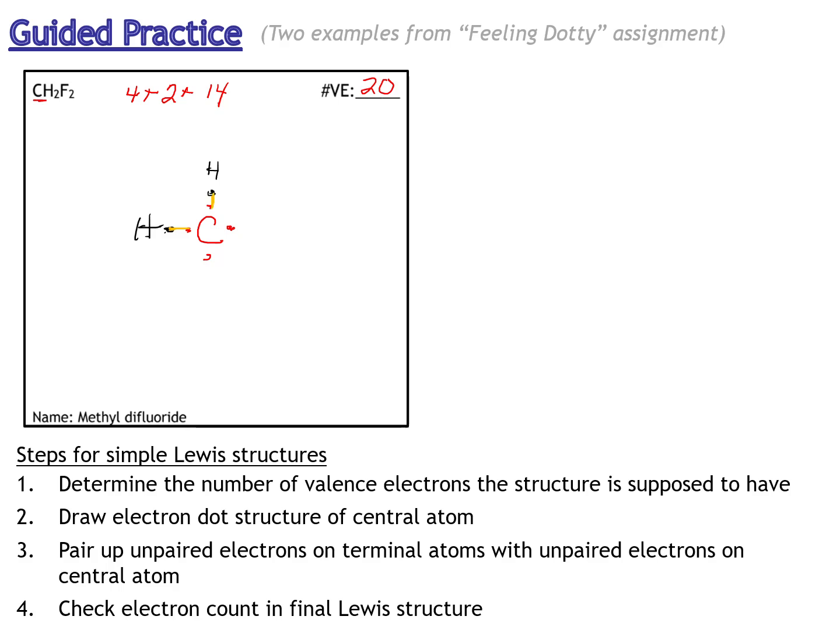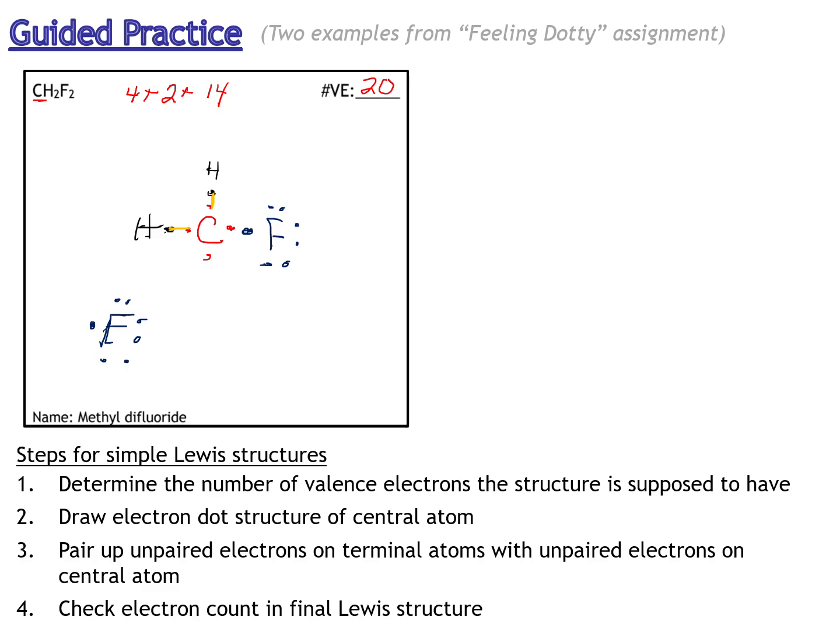Now each fluorine, let's do blue now. So remember the electron dot structure of fluorine. It's got those 3 pairs and then 1 unpaired electron. So we're going to have the unpaired electron, and that's going to get shared with the carbon.